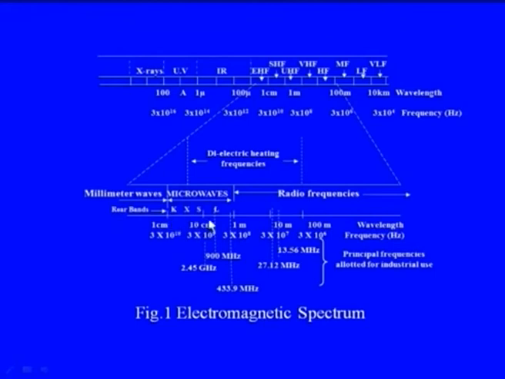This is the range where we operate, and in this band some frequencies are used for communication, and only a few, say 2.45 gigahertz and 915 megahertz, are used for microwave heating or industrial purposes.